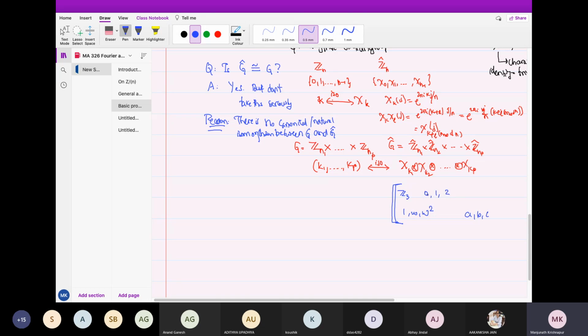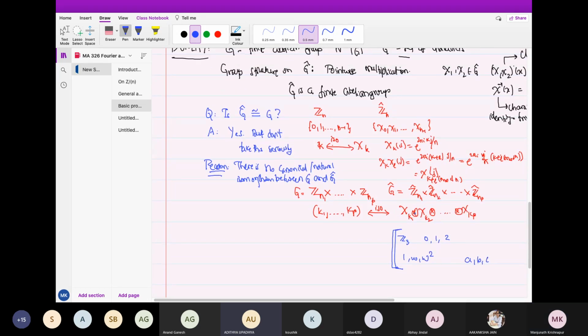Everyone will send 0 to 1, but someone may map 1 to omega and 2 to omega square, while it's also possible to map 1 to omega square and 2 to omega. That's perfectly reasonable. So there's some arbitrariness in the choice of the isomorphism. So that's why I say that G and G hat are not canonically isomorphic. But why am I asking this, when I produced canonical isomorphisms, it looks like? Why do I say there is no canonical isomorphism?